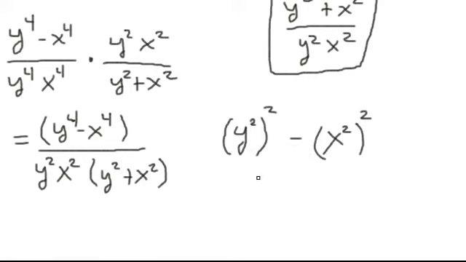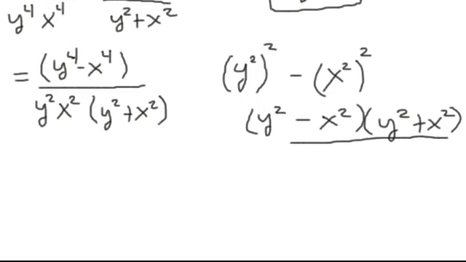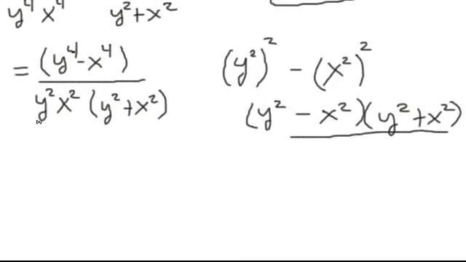So as you can see, we can rewrite this as y squared minus x squared times y squared plus x squared. So we can take this numerator and rewrite it as that. And as you can see here, we're going to end up being able to cancel out some stuff.